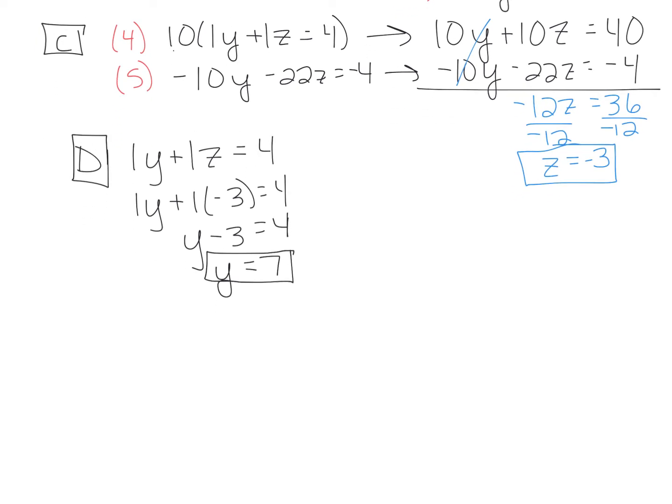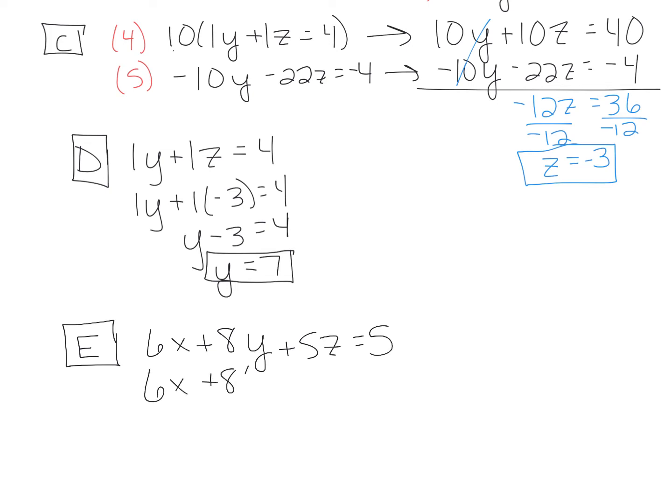And our last step, so E, I'm going to go back up to one of my original equations. I'm just going to use the first one. So 6x plus 8y plus 5z equals 5. And so I have 6x plus 8 times 7 plus 5 times negative 3 equals 5.